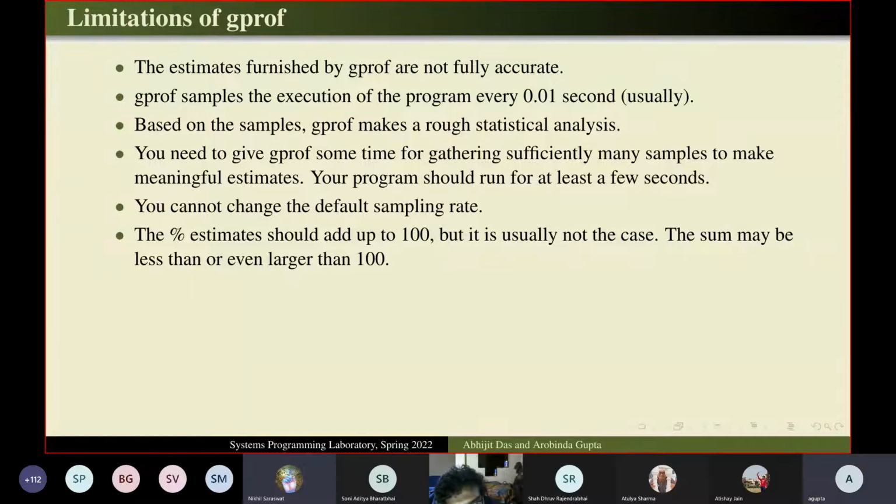So 0.01 is not a big deal, because the exact value of how much time it took is really unimportant to you. Most programs that you want to use gprof with, so that you can speed them up, will run in the order of seconds anyway. Otherwise, trying to speed them up is not very useful anyway.